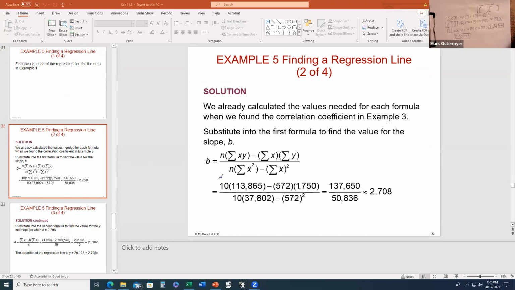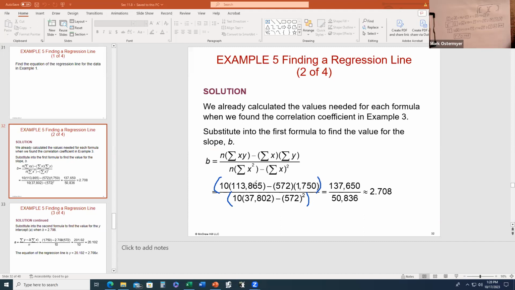Again, I strongly recommend if you want to type this in all on one line, you need to enclose your entire numerator and your entire denominator inside parentheses. If you don't do that, you're going to get a logical error because these parentheses force precedence, correct?